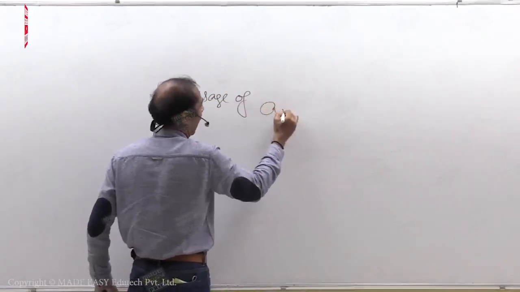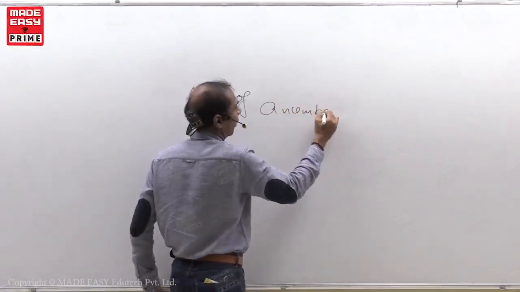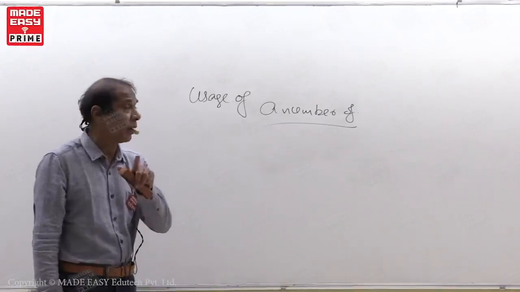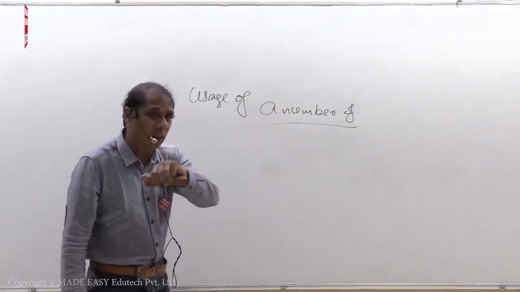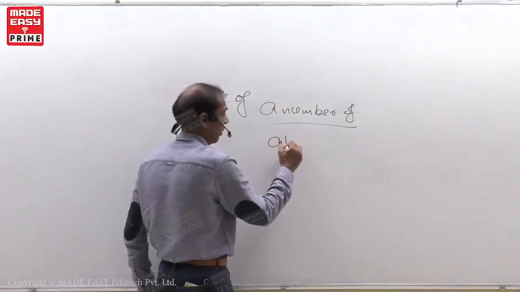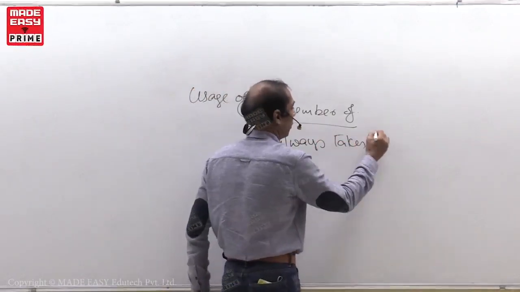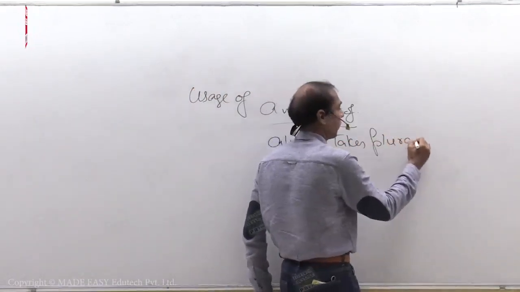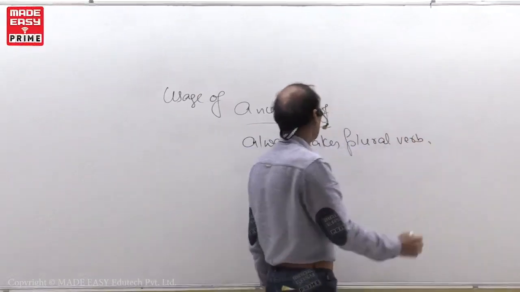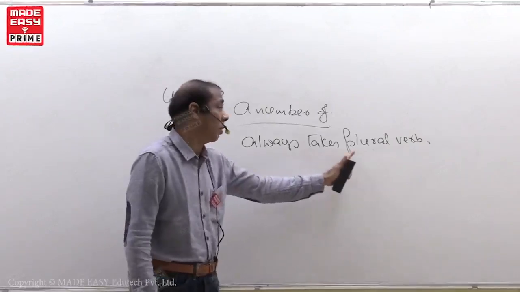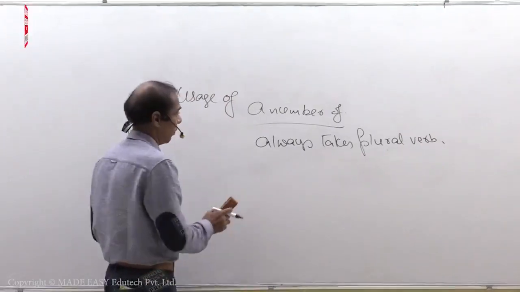Usage of a number of. There is a difference between a number of and the number of. A number of always takes a plural verb. The number of takes a singular verb. A number of takes a plural verb. Don't confuse.